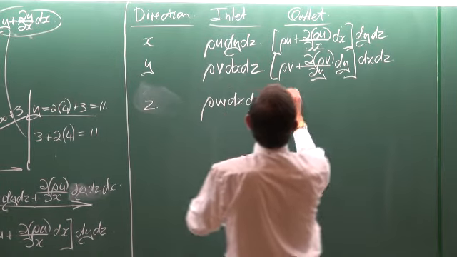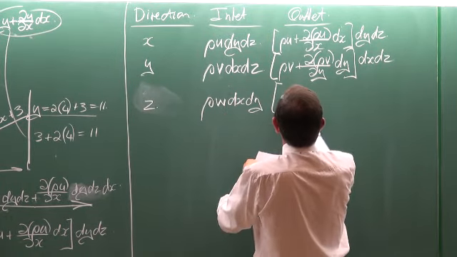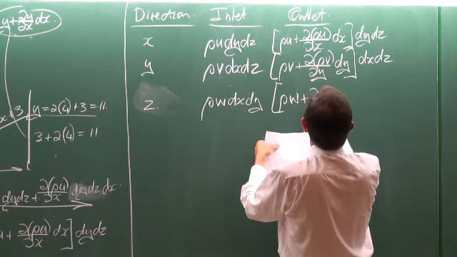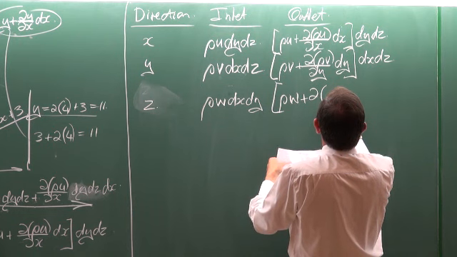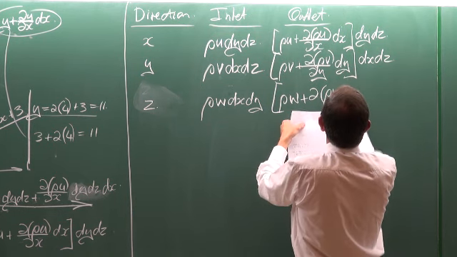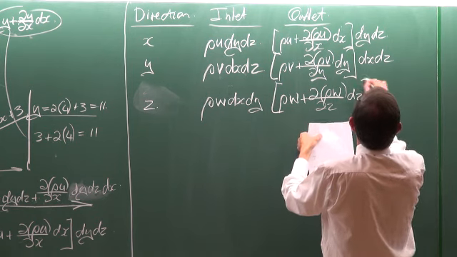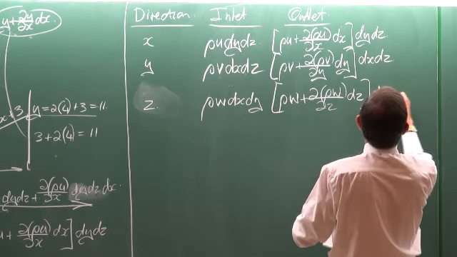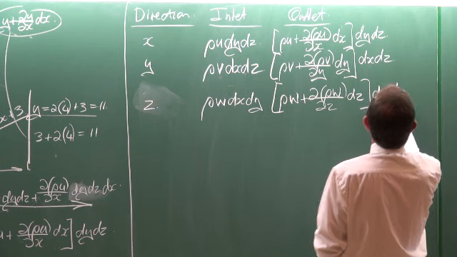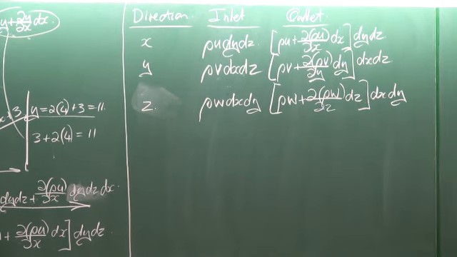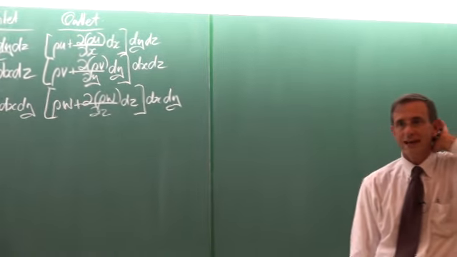Dx dy, and in terms of the outlet, the same type of format, rho w plus partial d of rho w dz, multiplied by dz, multiplied by dx dy. Right, are you all happy? So now we know everything that's going in and out.